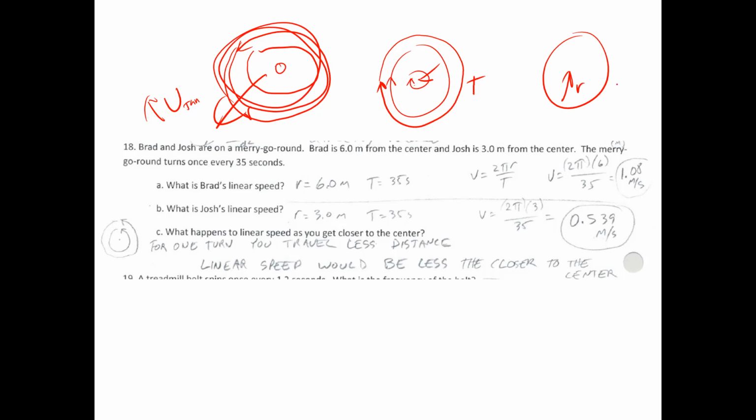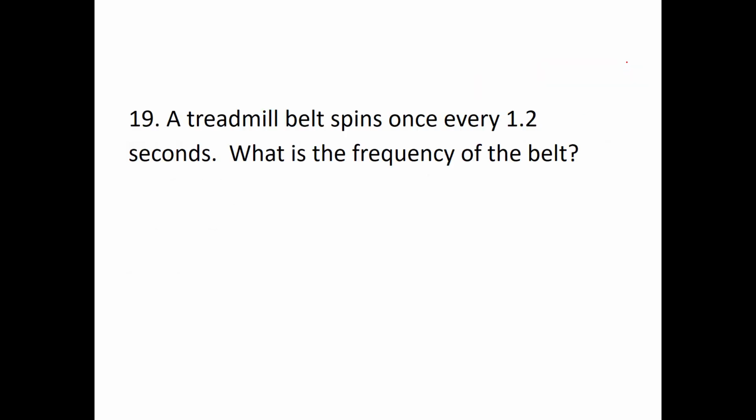As you go closer to the center, then v is going to go down because you're traveling less distance in the same amount of time as this guy would have done. Once again, if they're on a merry-go-round, whatever's here and whatever's here and whatever's here is going to end up back at the finish line at the same time.